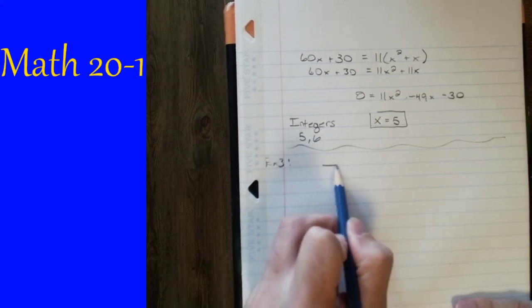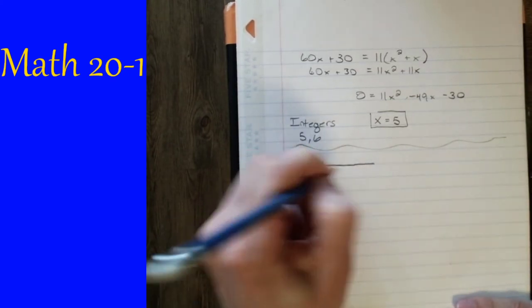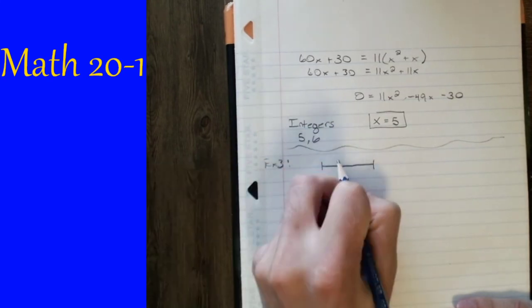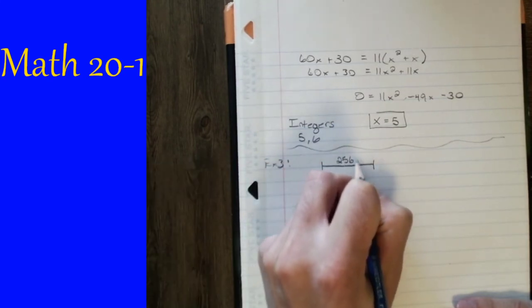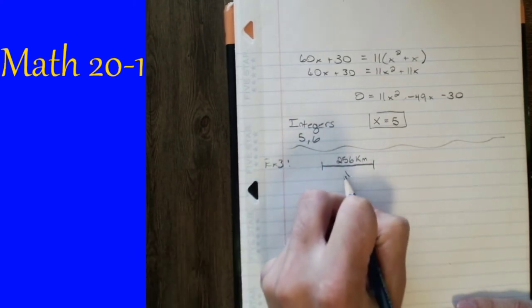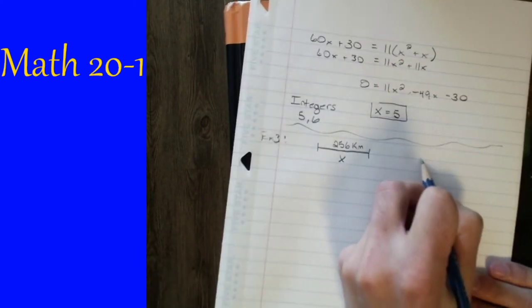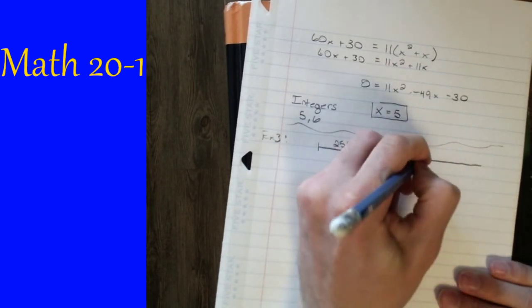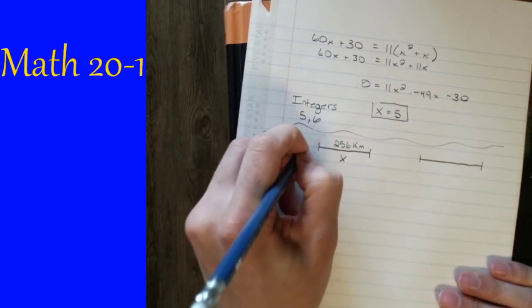Sometimes I like to draw a picture for this. So 256 kilometers per hour, and we'll say the speed is x. And that represents Megan.